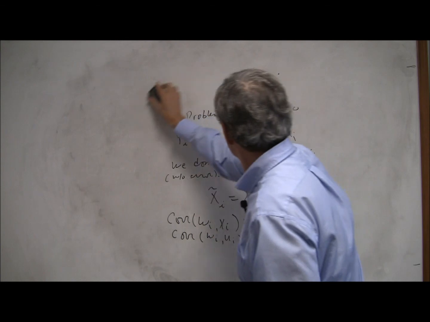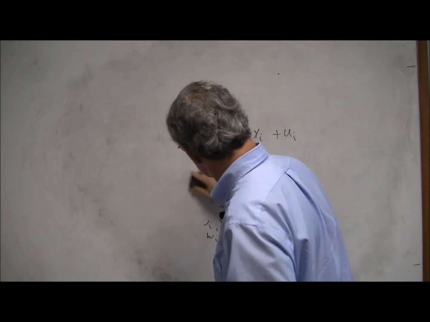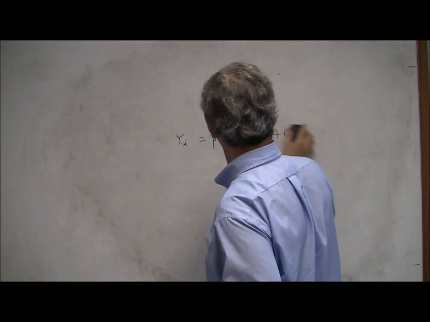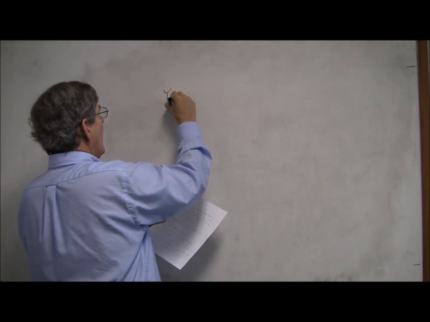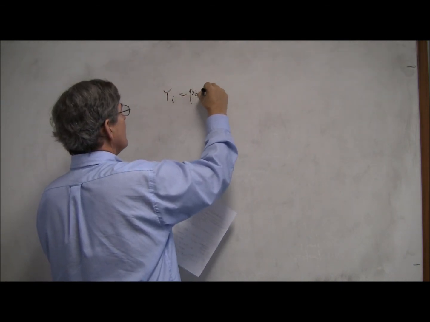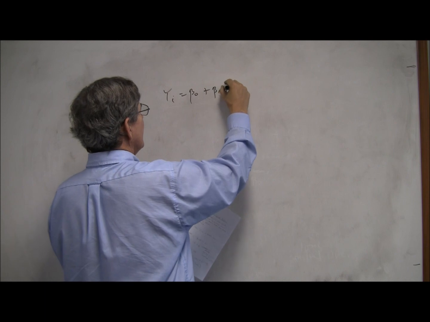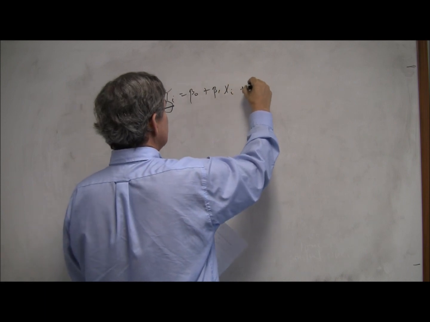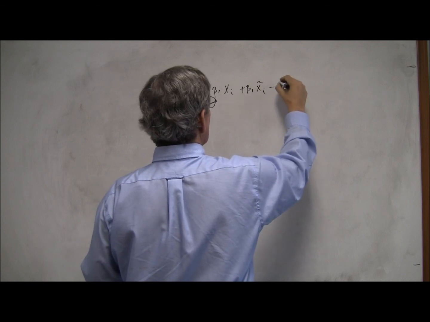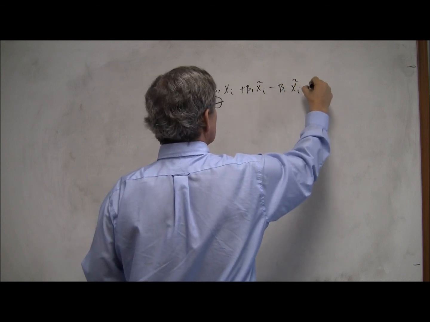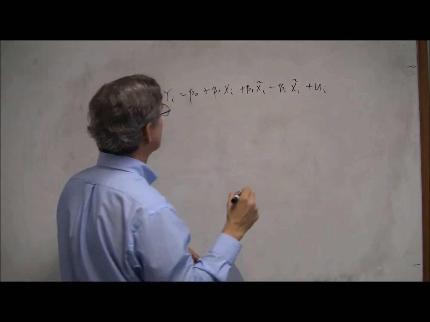Now let me take this model and rewrite it. I'm going to add and subtract beta 1 x tilde i. So let's write it as yi equals beta naught plus beta 1 xi plus beta 1 x tilde i minus beta 1 x tilde i plus ui.